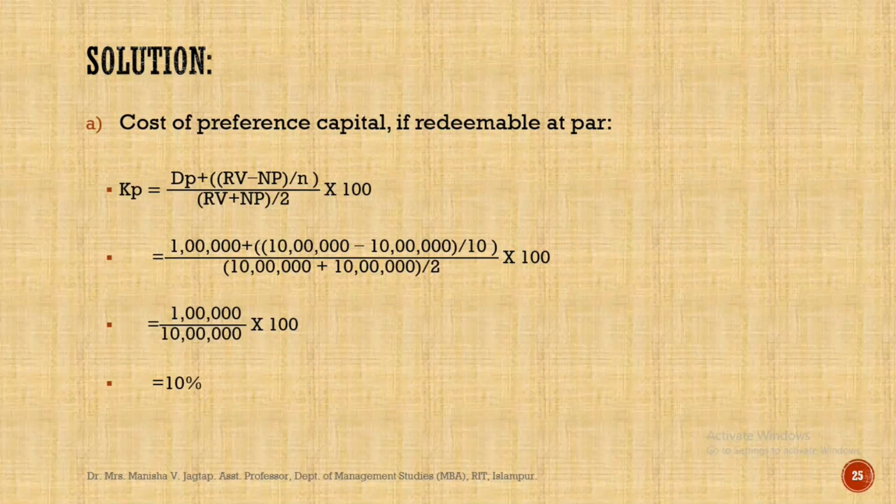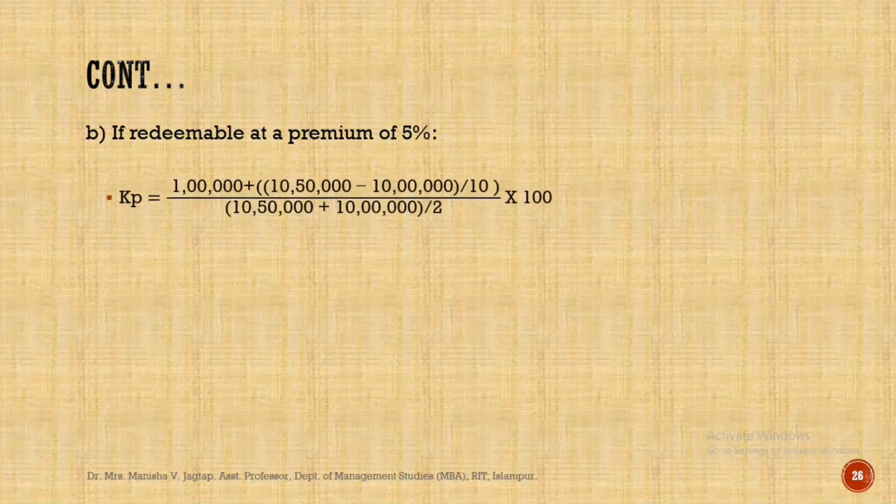Now we will see the second condition, that is if redeemable at a premium of 5%. The same formula we will be applying here. You can see here dividend will remain the same, 1 lakh. Now RV, that is redemption value, changes here by 5%. It has increased, as we increase the premium we have to add that 5%.